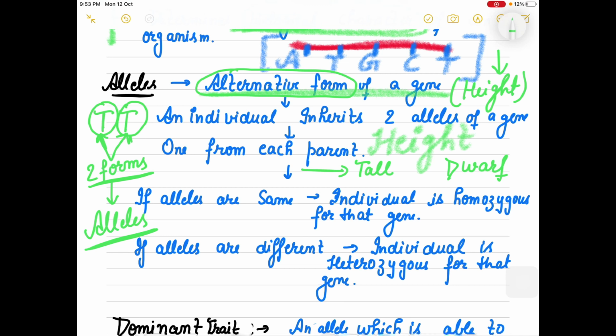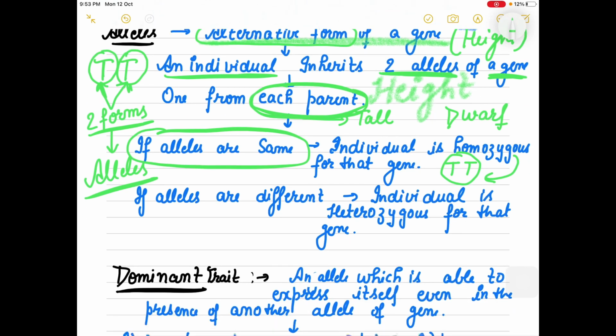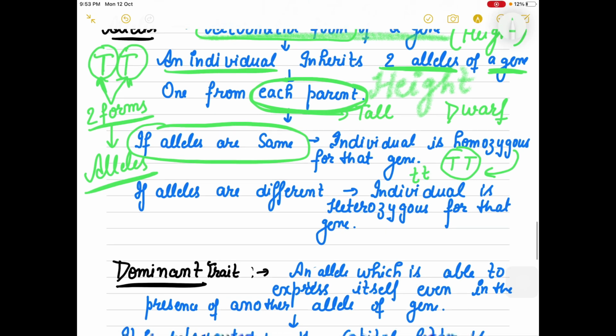An individual always has 2 alleles of a gene, and 1 allele comes from each parent. If the alleles are the same, suppose capital T is coming from the mother and capital T from the father, this kind of condition is known as homozygous. Both the alleles are the same. Can you find any difference? No, both are the same. Even it can be small t, and then the child will definitely be short in height if the small t comes.